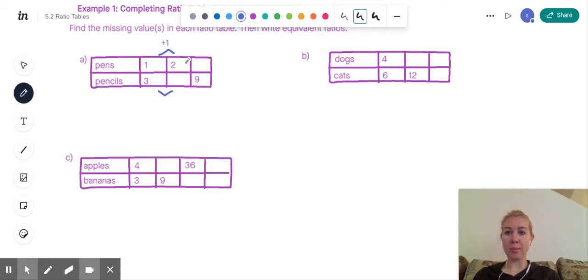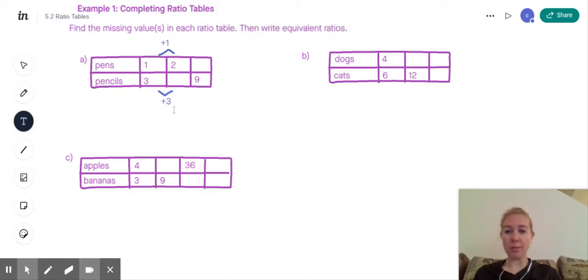So we added another pen, so that'd be 3 more pencils. So we'd be adding 3 on the bottom. And we're adding 3 because we know for every 1 more pen, there's 3 pencils. So then this box, 3 plus 3 is 6.